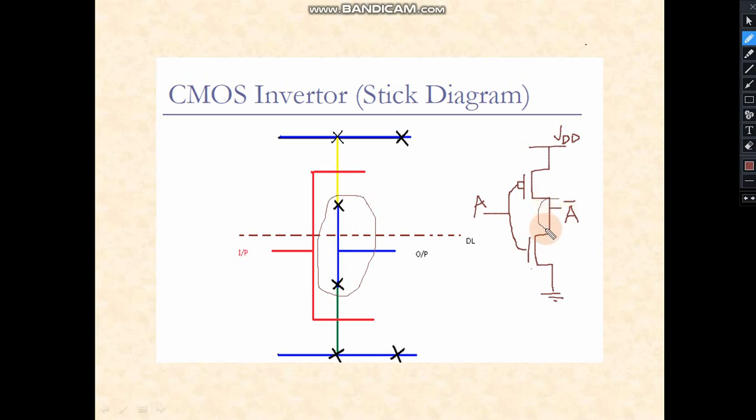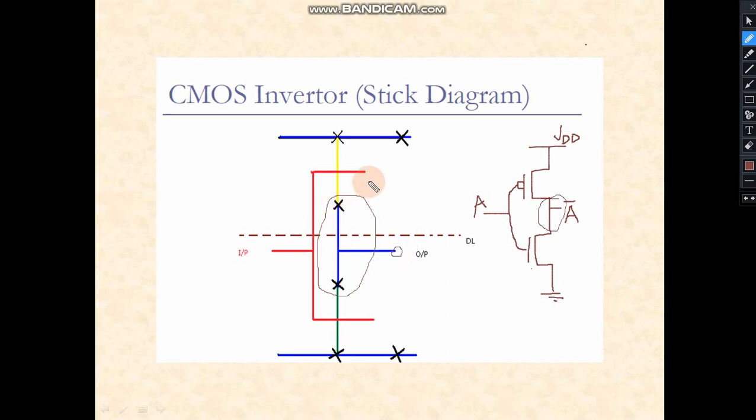So this region is basically a metal, and we all know that when we are connecting our diffusion to metal, we have to use one contact. In the same way, when we are connecting N-type diffusion with metal, we have to use one contact. So these two contacts are basically to connect the metal with diffusion. We know that metal can cross the demarcation line, so metal can easily cross this demarcation line, and from this metal line we can get our output.